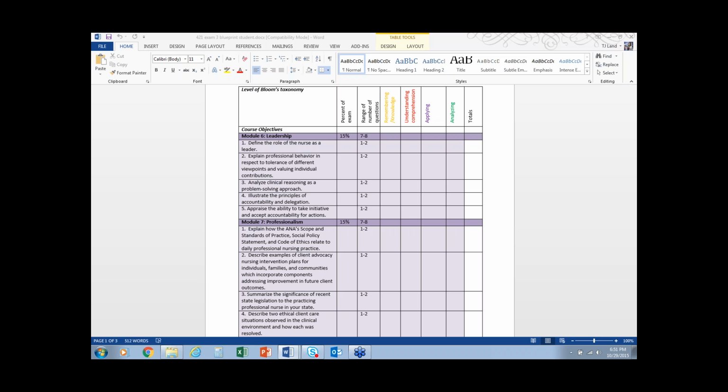So Objective 5 says that you should be able to appraise the ability to take initiative and accept accountability for actions. So just think about this for a second. How might a nurse show the behavior of accepting accountability for their practice, their actions, or their decisions?